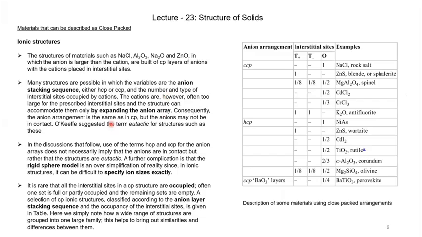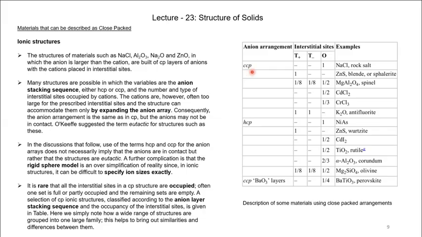Okay, now we talk a little bit about ionic structure, and we will take this slide in the next lecture also. For example, for ionic compounds like sodium chloride, aluminum oxide, sodium oxide, zinc oxide, how can we describe their structure in terms of close packing arrangement? We said that we have two types of close packing arrangement. Here is the cubic close packing arrangement.